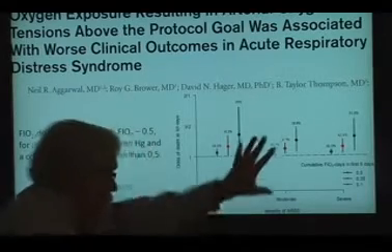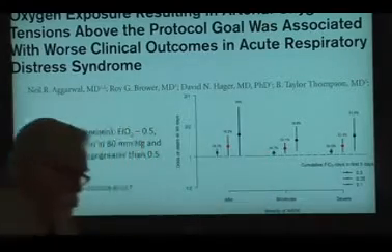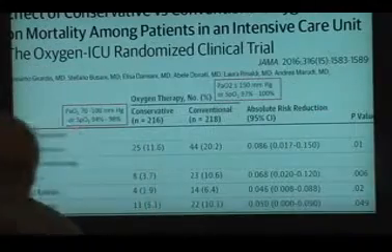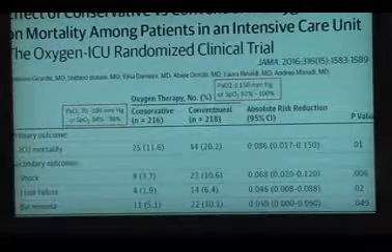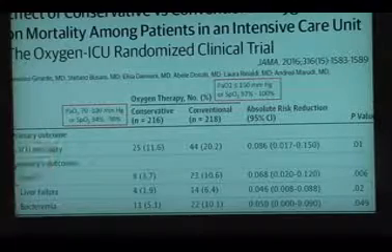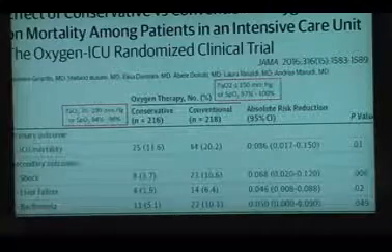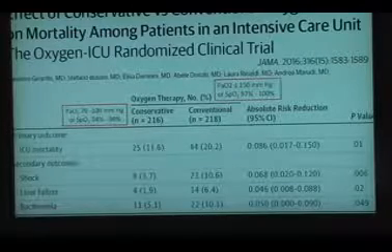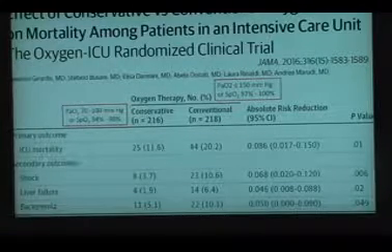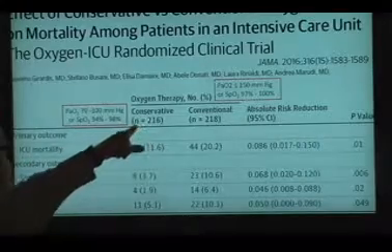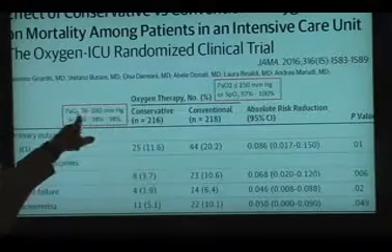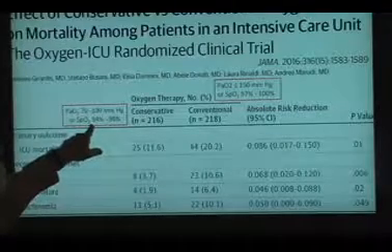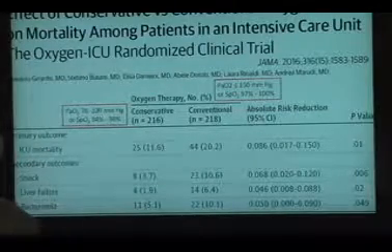Now, this is a retrospective study, which there are potential biases in that. But there are now also randomized controlled trials. So in this study, published about 2 years ago, patients in the ICU, not all on ventilators, but many of them on ventilators, were randomized into 2 groups. In a conservative oxygen group, the patients were targeted for a PO2 of 70 to 100 millimeters of mercury, and oxygen saturation of 94 to 98%.